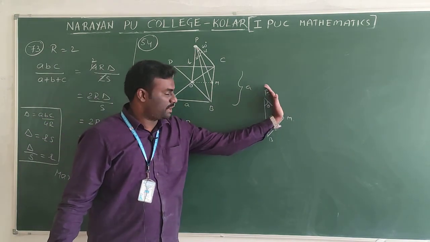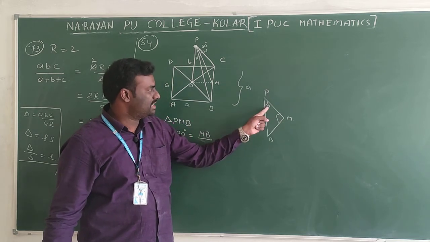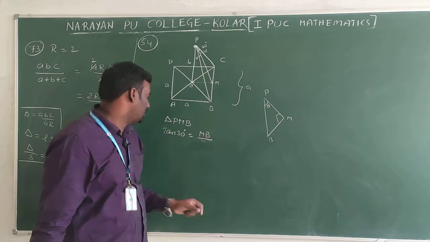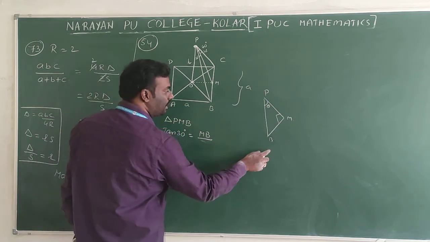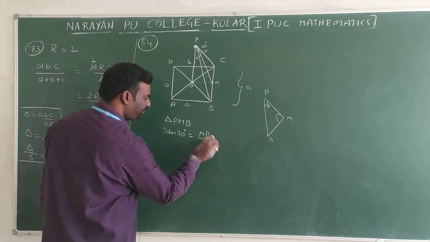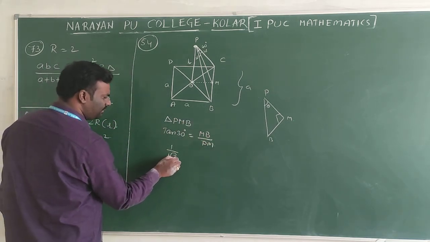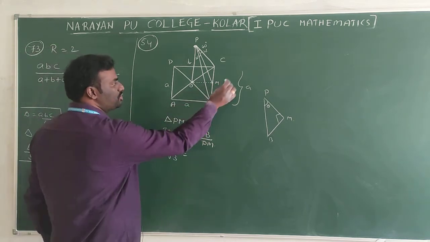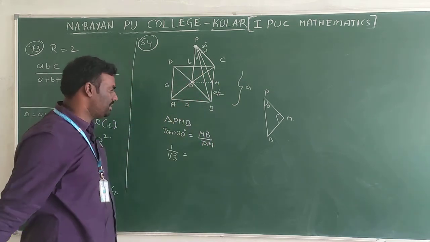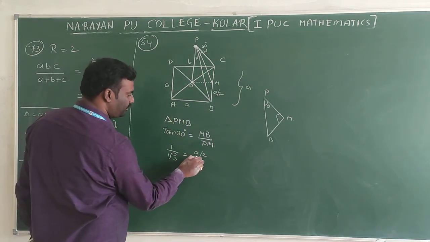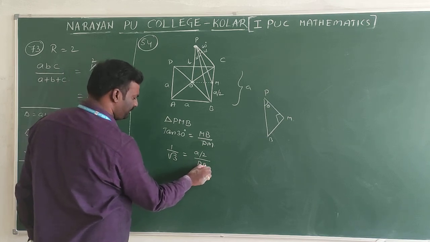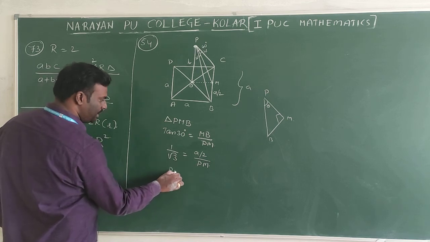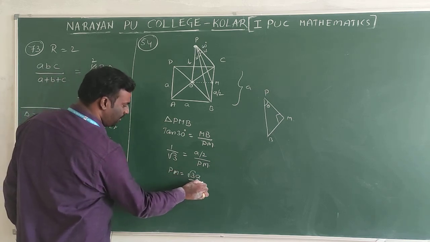This tower is always perpendicular, so this angle is 90 degrees and this angle is 30. Now this is the opposite side, this is the adjacent side, this is the hypotenuse. Tan 30 equals MB by PM. Tan 30 is nothing but 1 by root 3. MB is half of the total side, total a, so MB will be a by 2 by PM. Making PM the subject, PM is root 3 a by 2.